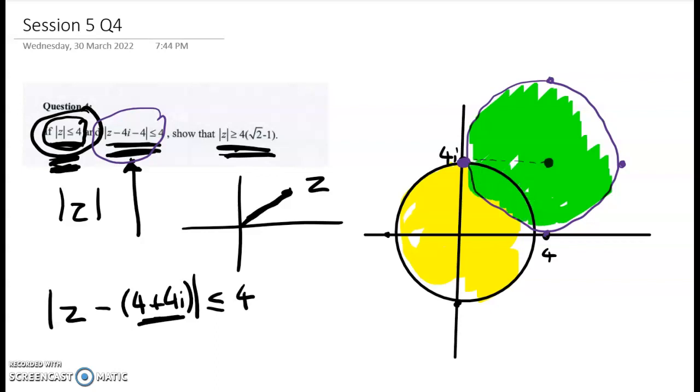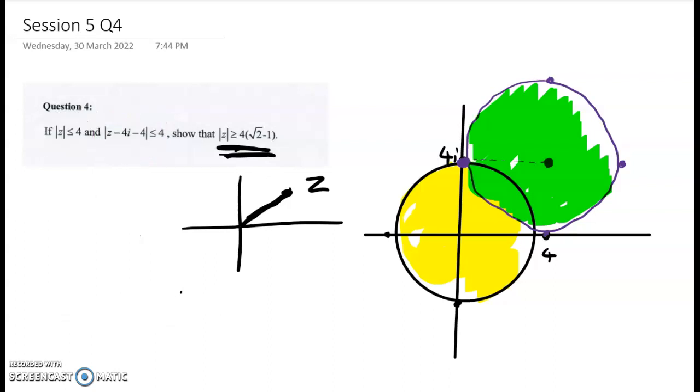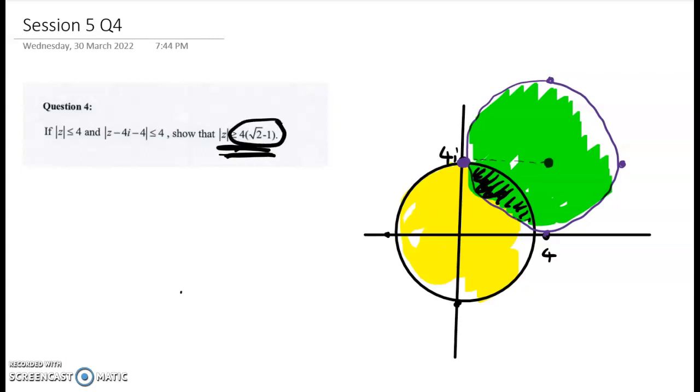So the set of points that we want are the ones that satisfy both of those things. That means that we're looking at this overlapping area in here. And we have to show that for any point in that overlapping area there, the magnitude is greater than or equal to this thing here.